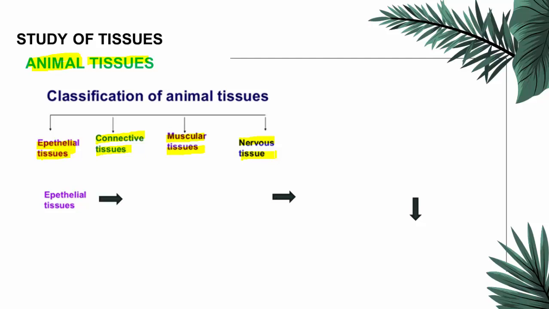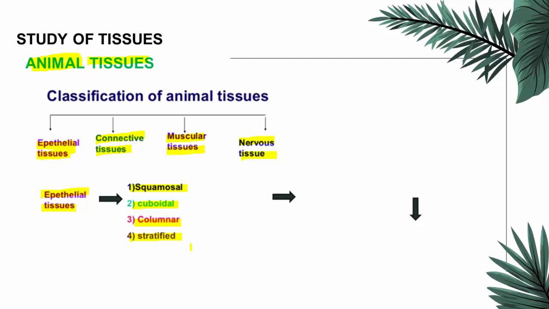Epithelial tissues. How many types are there in the epithelial tissues? There are four types. The epithelial tissues are further classified into four types depending on their structure: squamous, then cuboidal, third one columnar, and fourth one stratified.